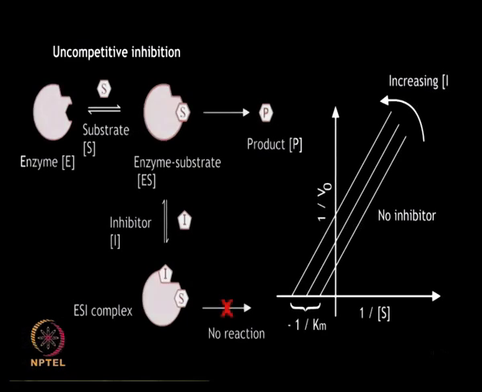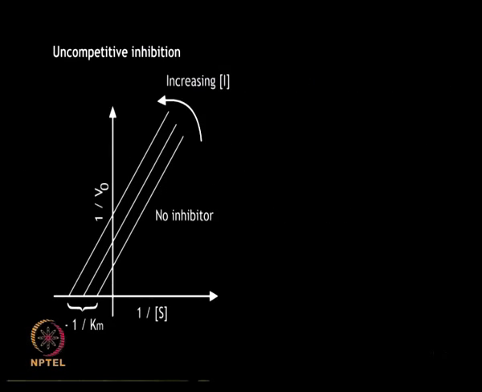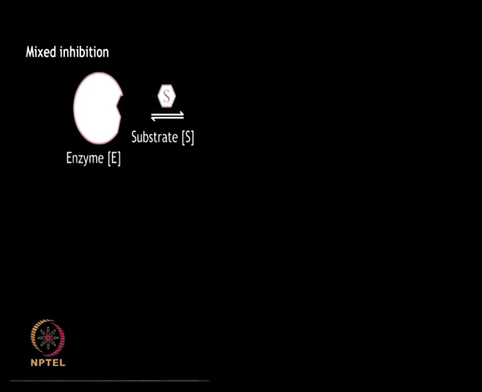Mixed inhibition or non-competitive inhibitor also binds to the enzyme at a site distinct from the substrate binding site. However, the difference is that it can bind either to the enzyme or enzyme substrate complex.